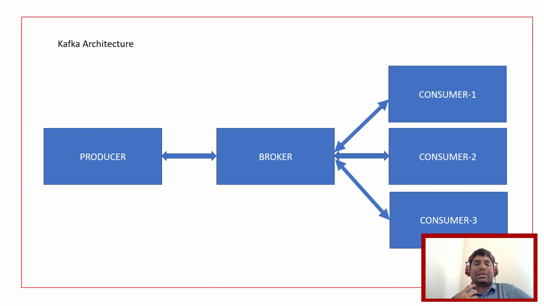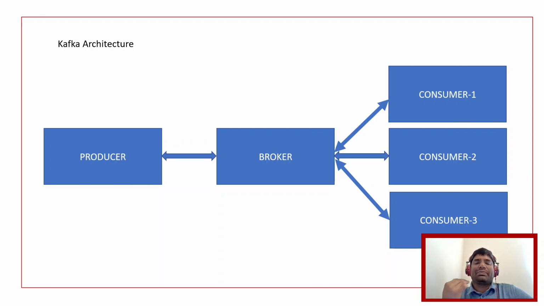Brokers can be placed into a cluster, one or more servers, and you can create topics. Topics can have partitions, and that will have a leader-follower kind of internal architecture. If you want more details, definitely you can go to kafka.apache.org.